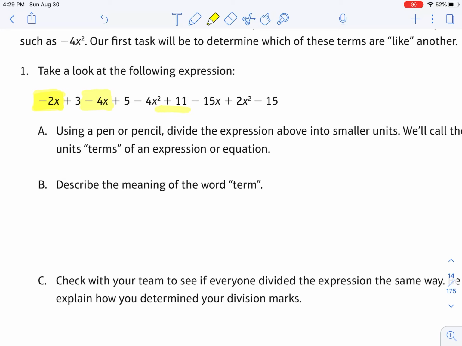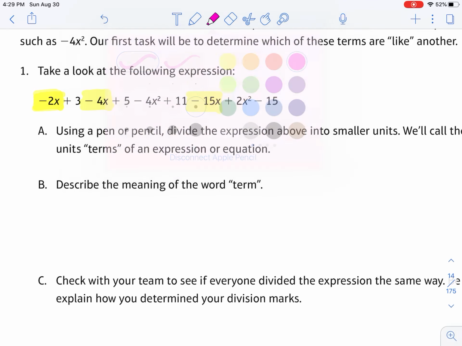It does not combine with the 11, but it does combine with the negative 15x. Notice that I am including the signs with my term. Again, here's one of those chocolate chunks. It does not combine with that, and it does not combine with a regular 15.